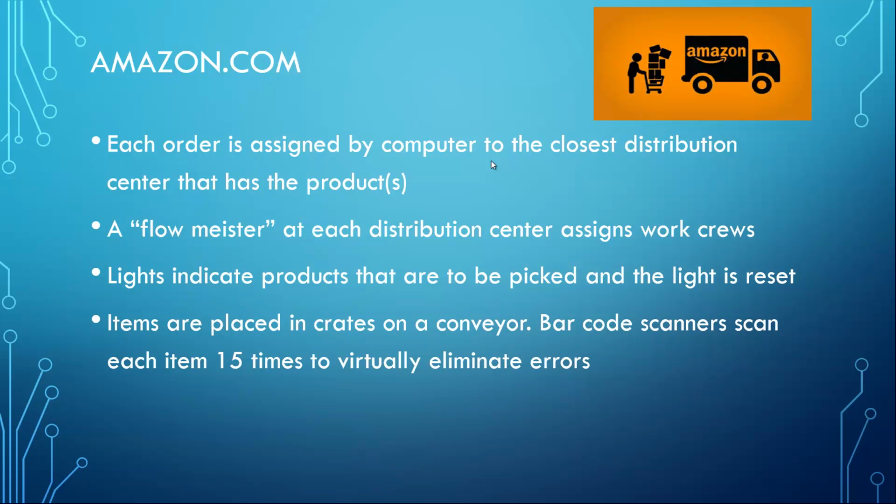We have lights that indicate product that has to be picked, and lights will be reset, so it will move to the next order. Items are placed in crates on conveyors. Barcode scanners scan each item 15 times to virtually eliminate any errors.